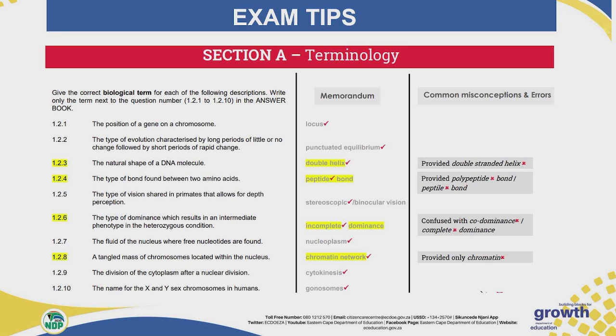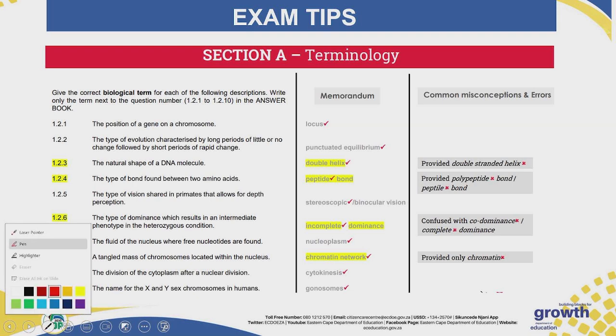The type of dominance which results in an intermediate phenotype in a heterozygous condition is incomplete dominance. What is the key when we're talking about incomplete dominance? It's the intermediate phenotype. So if you have red and white, you get pink.